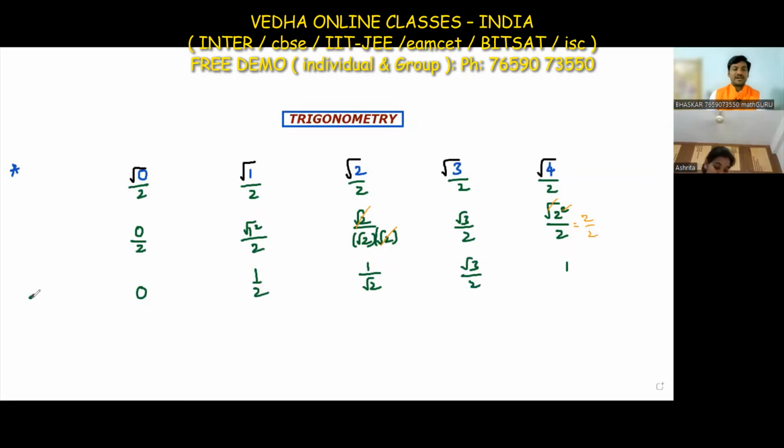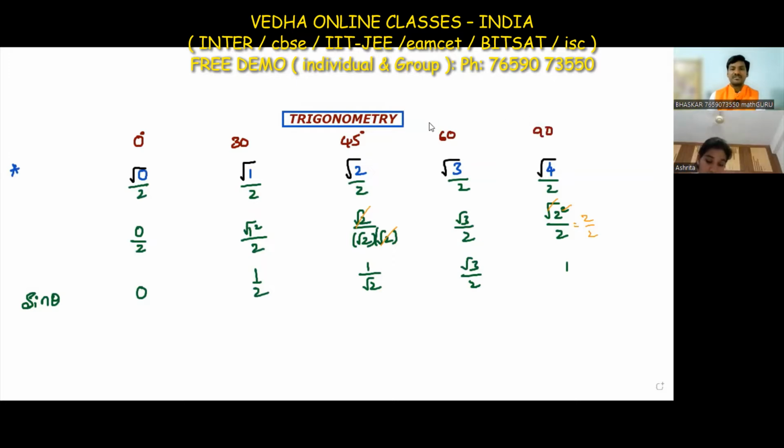Okay. These are the values of sine theta. What is sine 0 degrees? Here sine 0 degrees, this is sine 30 degrees, this is 45 degrees, and 60 degrees and 90 degrees.